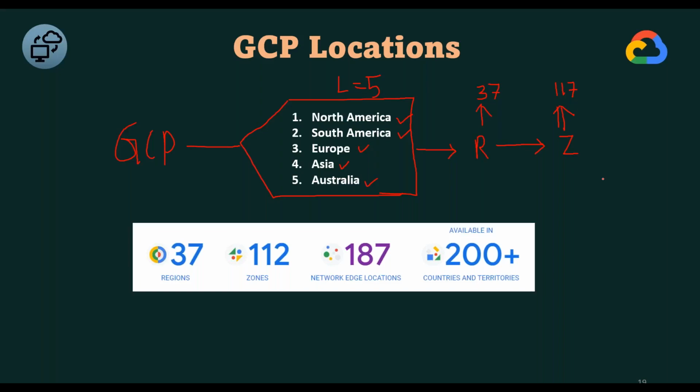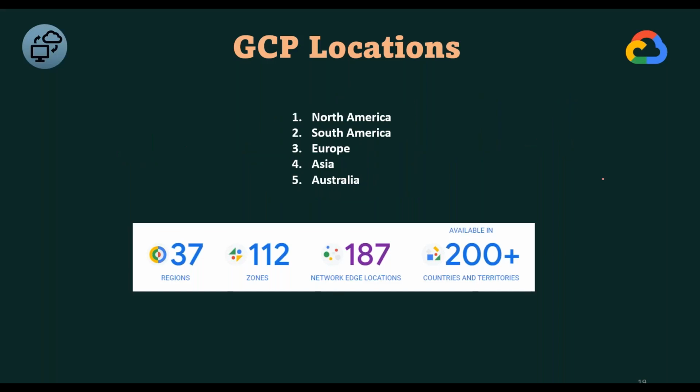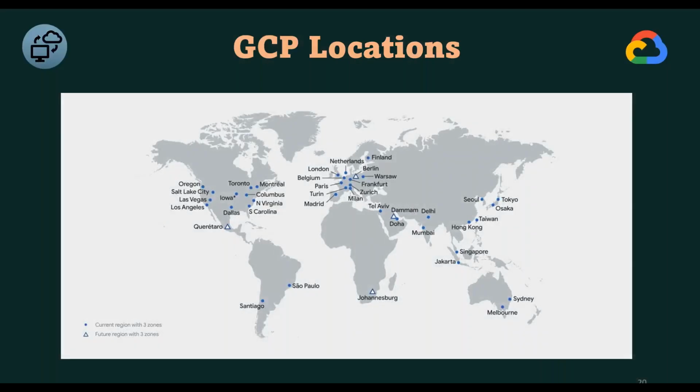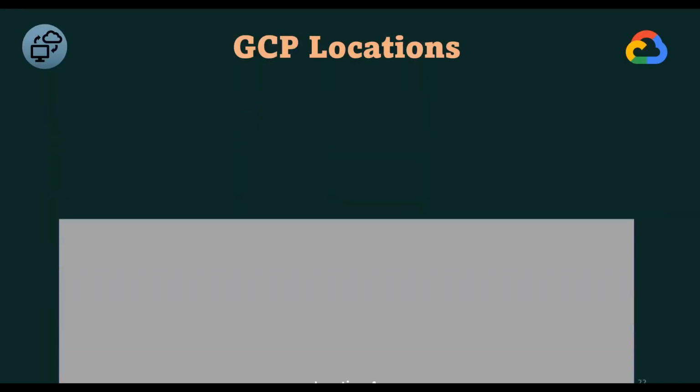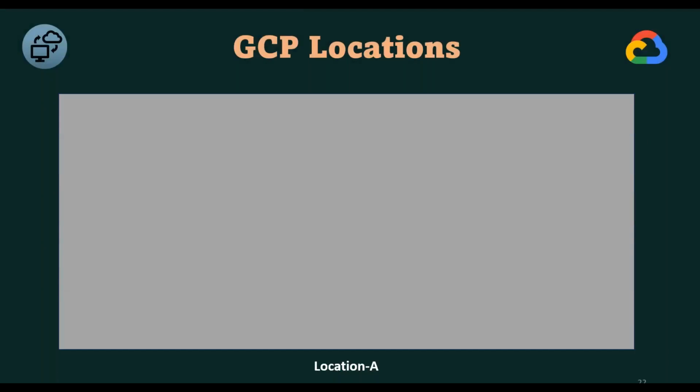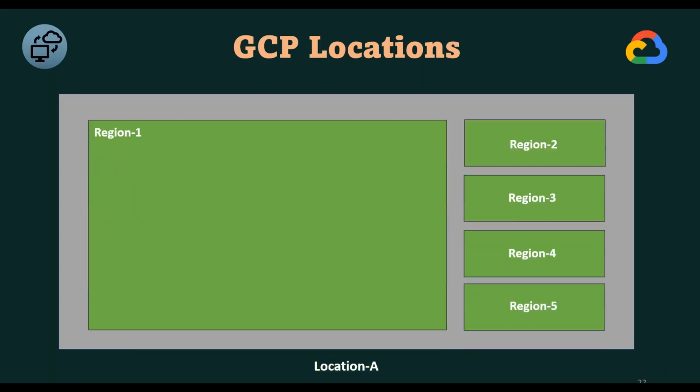Each location is divided into multiple regions. Each region is further divided into multiple zones. If you are unable to understand this concept, I have a very good diagram here, so let me go there first. Assume this is location A. We have 5 locations, right? Location A will have plenty of regions: region 1, region 2, region 3, region 4, region 5, region 6, region 7.